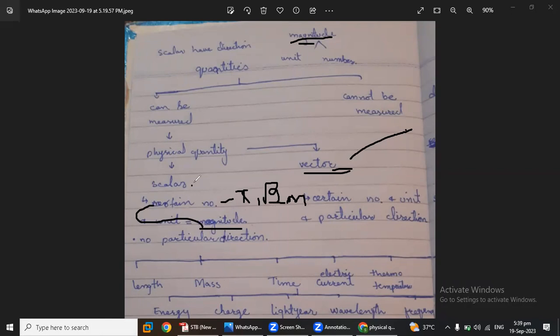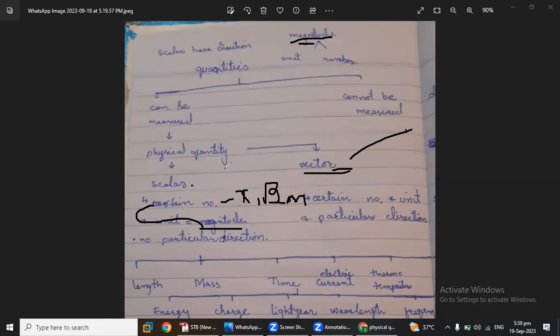They follow the same rules of elementary algebra or algebraic operations. For example, we have a 2 meter cloth in blue color, and we have a 3 meter cloth in black color.